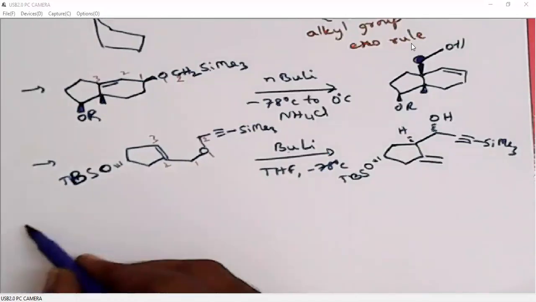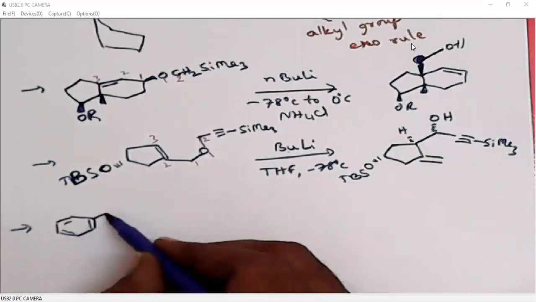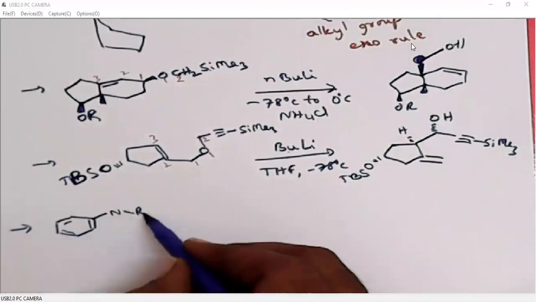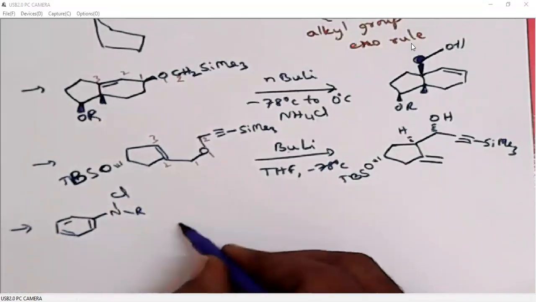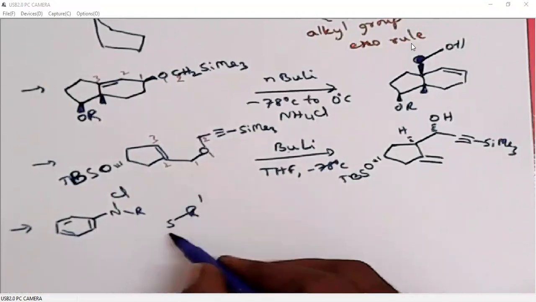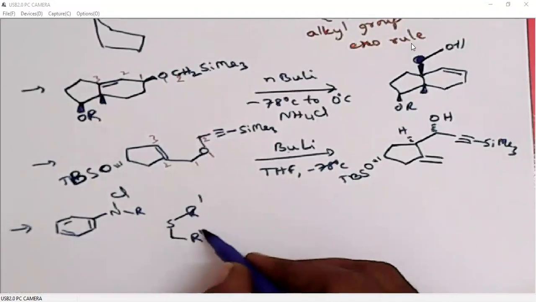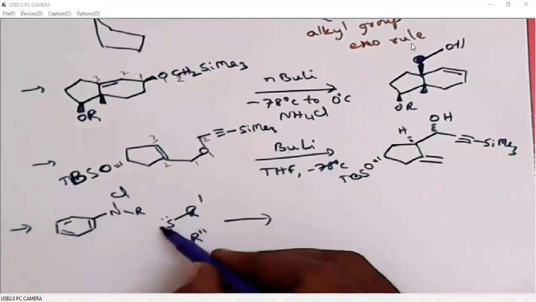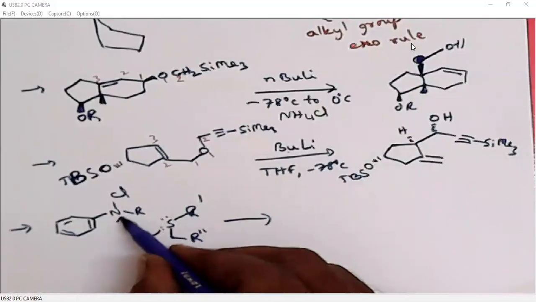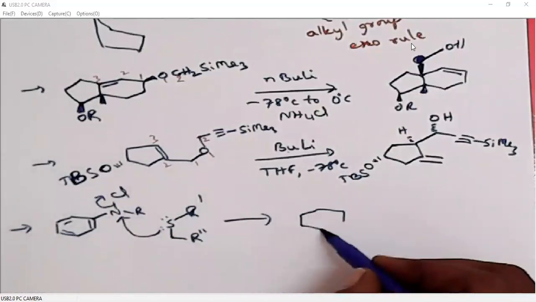In the next example, we have this chlorophenylamine. When it is treated with sulfur reagent, because chlorine is a good leaving group and sulfur is a good nucleophile, it will attack on nitrogen by expelling chlorine.